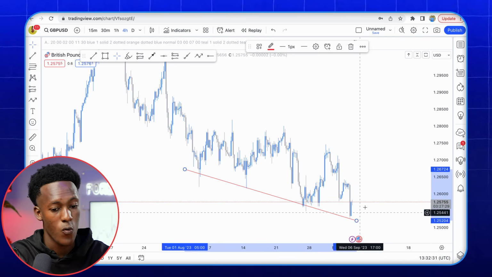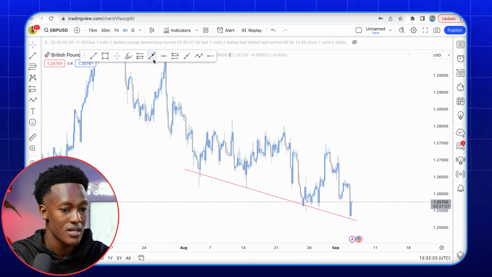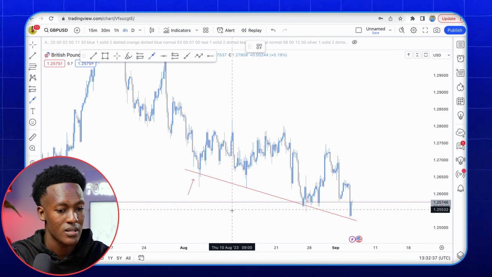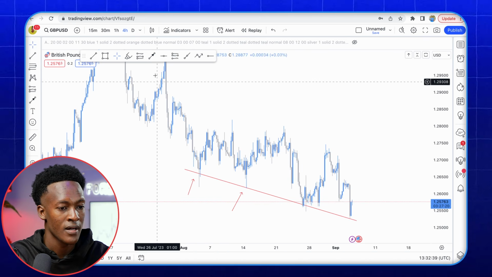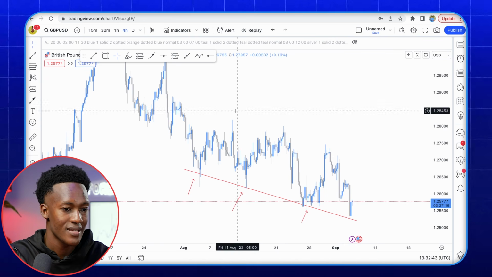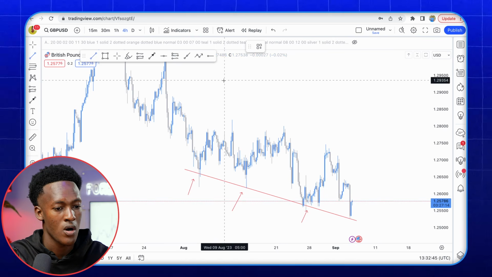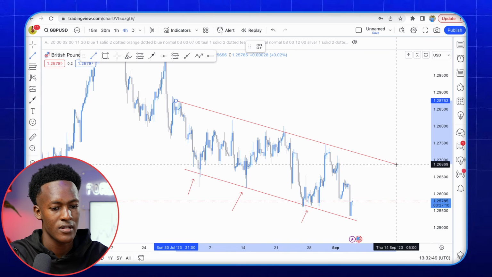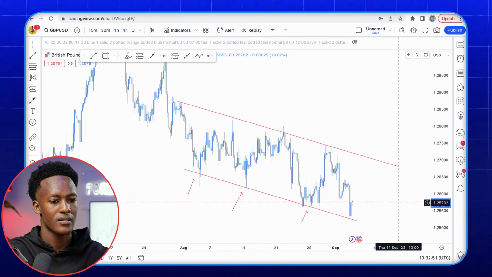You guys see that? Why? Because I'm just marking out this, okay? I'm also marking out this. I'm also marking out this, right? Then on the other side, we could also have this right here, easy.